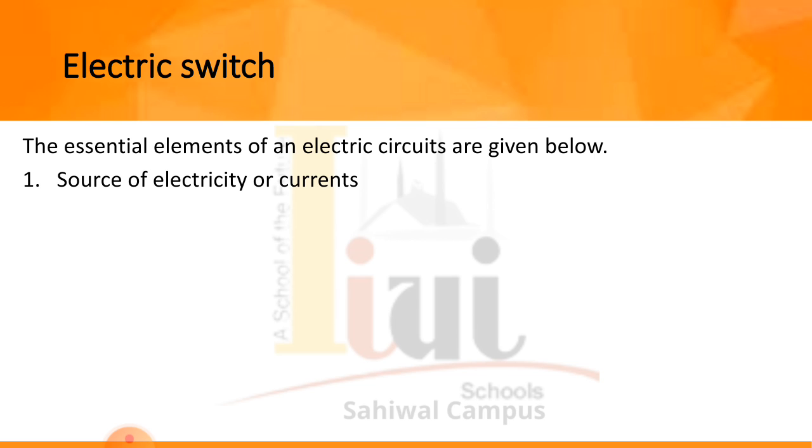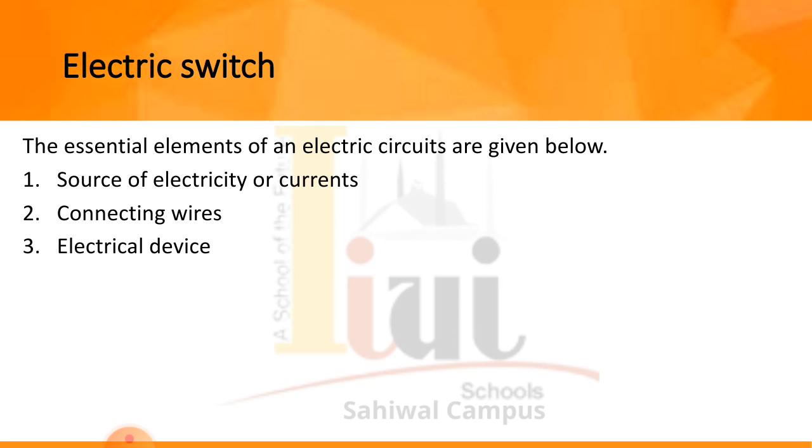First, the source of electricity or current. Second, connecting wires. The source of electricity or current may be a cell or a battery that provides voltage and acts as a source of supply of current to the whole circuit. The second one is connecting wires, and these wires are needed to join the various components of a circuit. Without these connecting wires, we cannot have a complete circuit, or we cannot connect the components of a circuit.